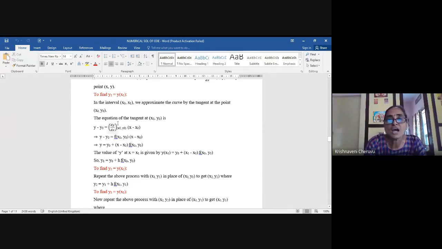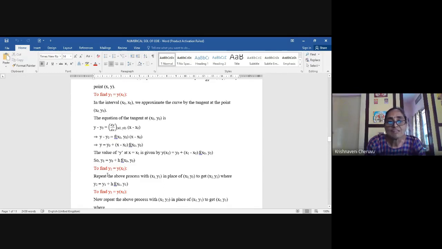Here the equation of the tangent at x1, y1 is y minus y1 is equal to derivative at x1, y1 into x minus x1. We now need the derivative of y at x1, y1, which is f of x1, y1. So y minus y1 is equal to x minus x1 into f of x1, y1.